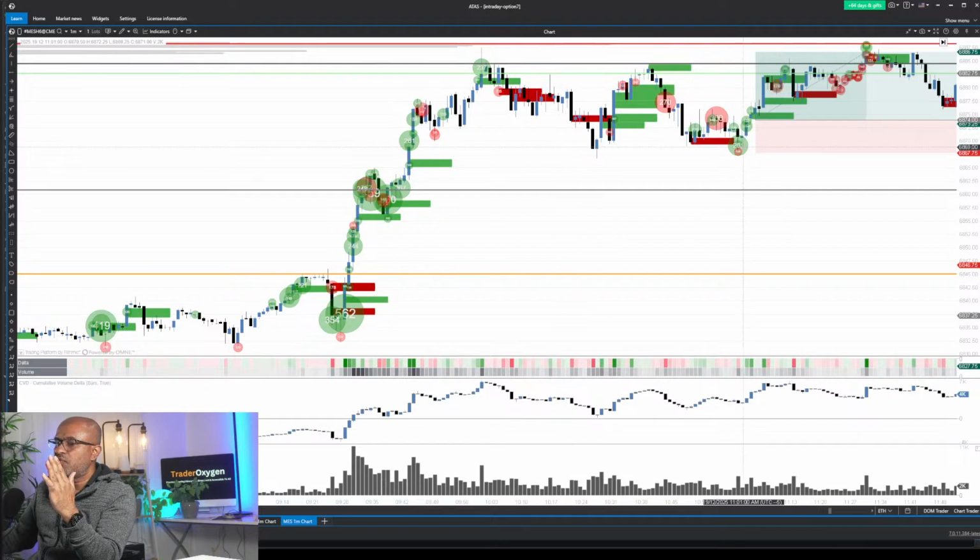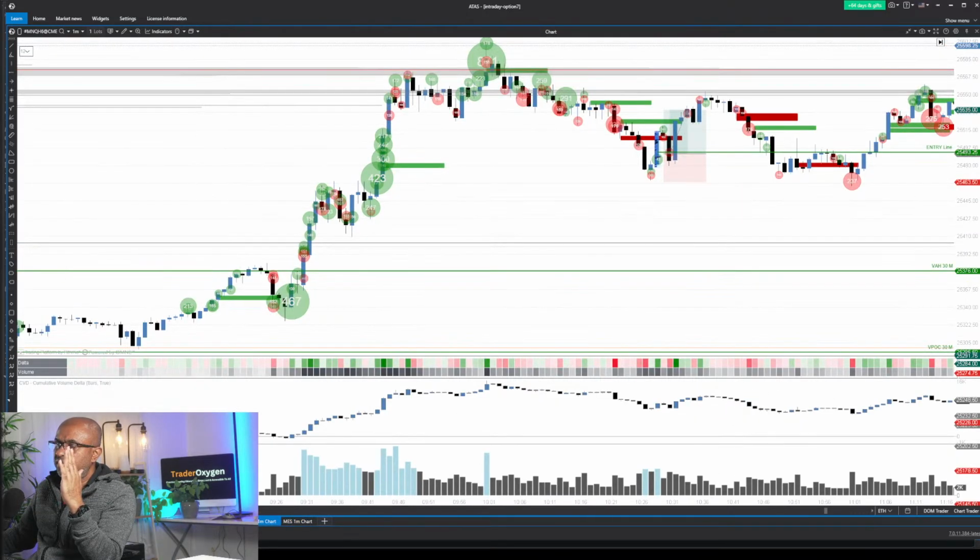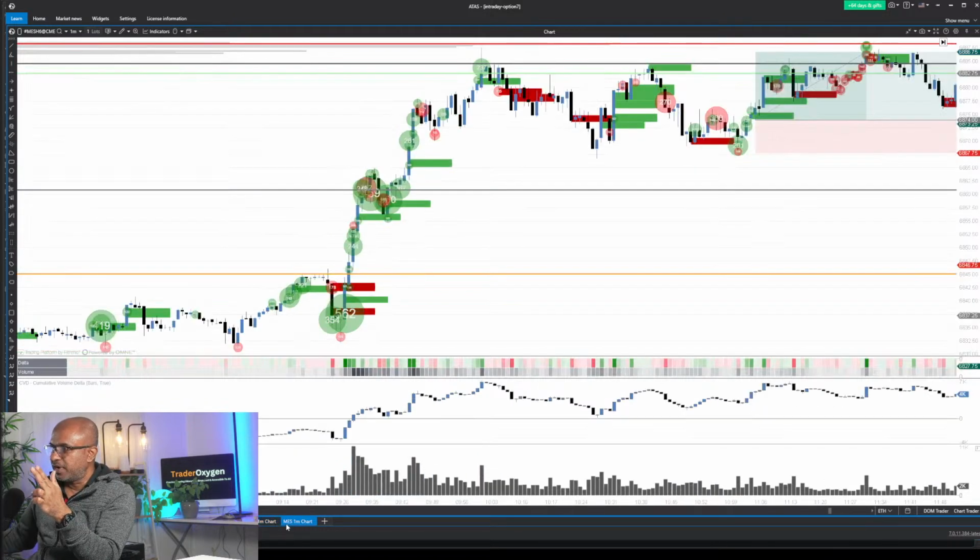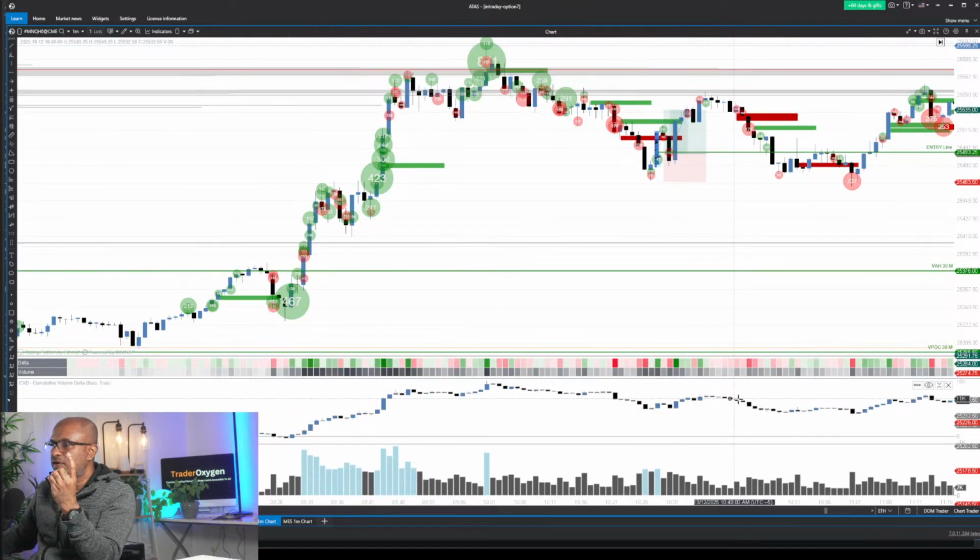So we moved away from the Nasdaq into the S&P 500, and now we monitored the S&P 500 to see if there's a possible bullish trade entry. And you can see it started to print bullish cumulative volume delta, and the cumulative volume delta is more bullish in the S&P 500 compared to the cumulative volume delta in the Nasdaq.